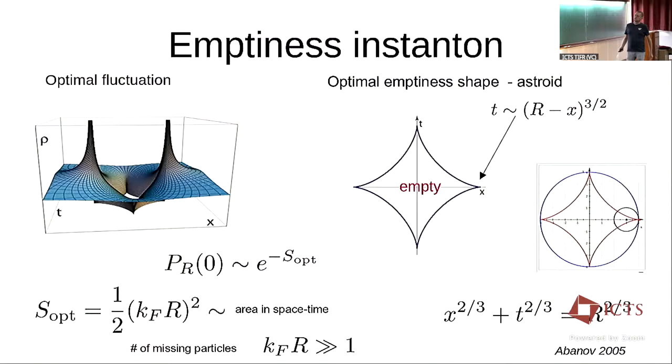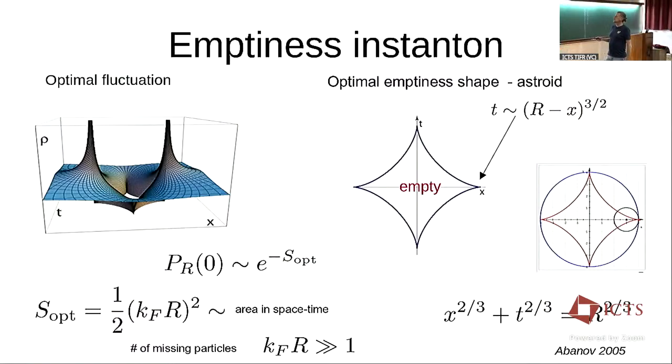Okay, similarly, the solution for the emptiness can be obtained. And this is the picture which has already appeared here. This is the optimal fluctuation, which was obtained by Abanov as a function of space and time, and has the shape of the boundary. If I look from above, it has a nice mathematical property: it is an asteroid.